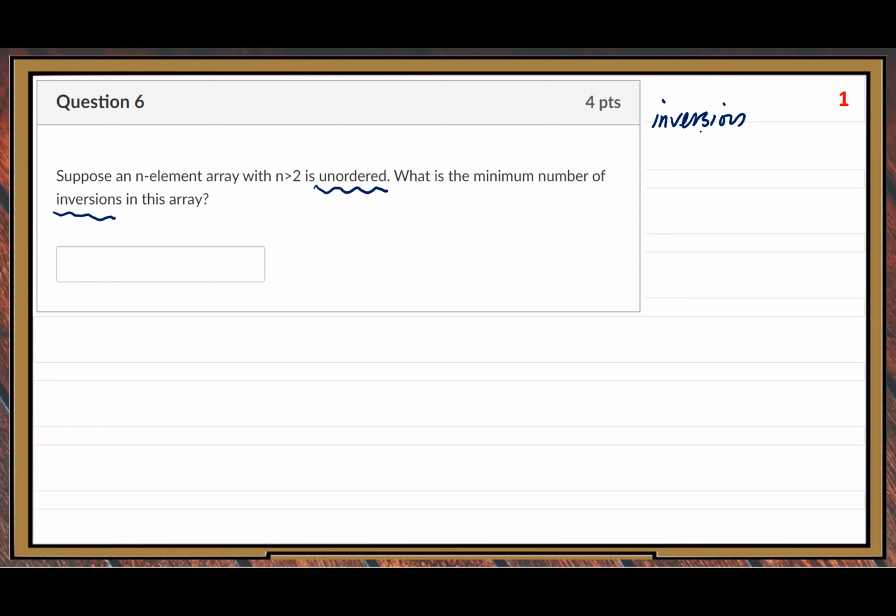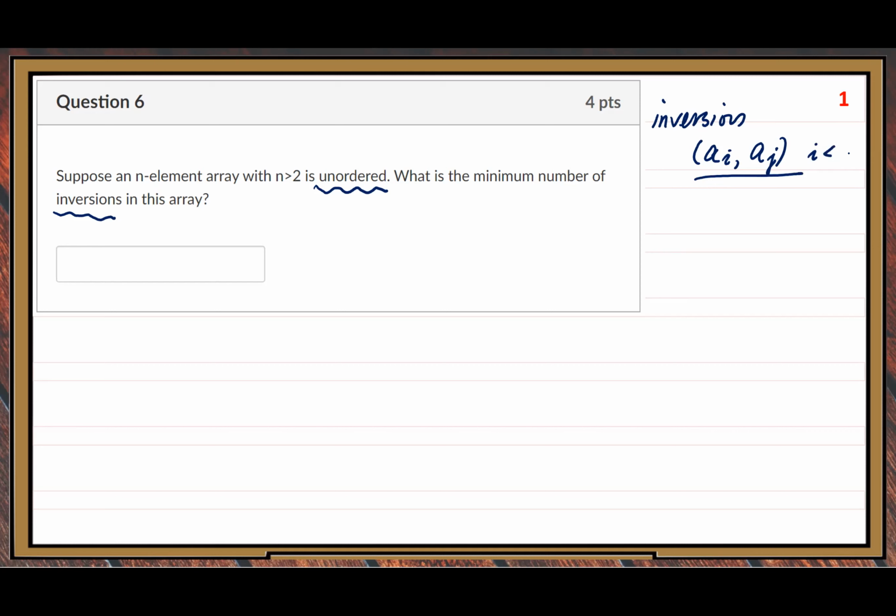So basically, when we talk about inversion, we look at a pair of two elements in the array. Two elements we take from the array using their natural order.